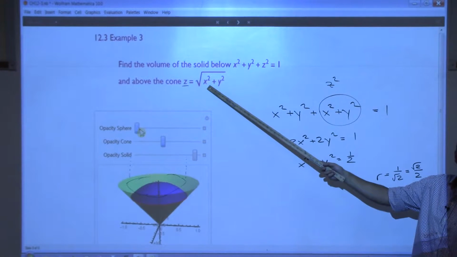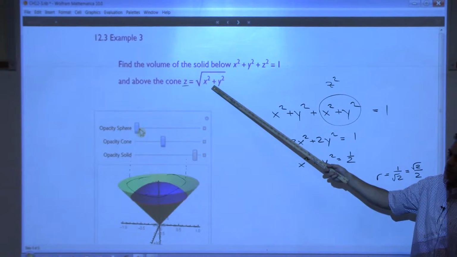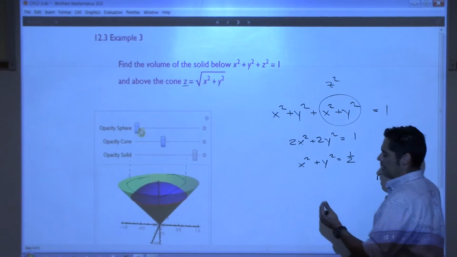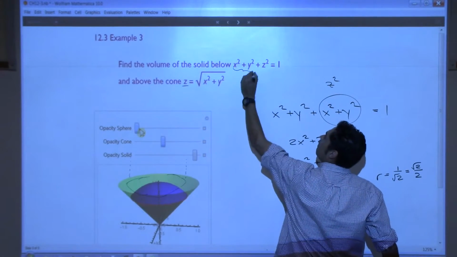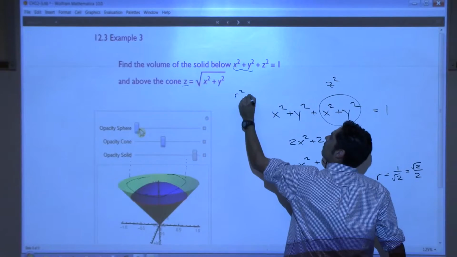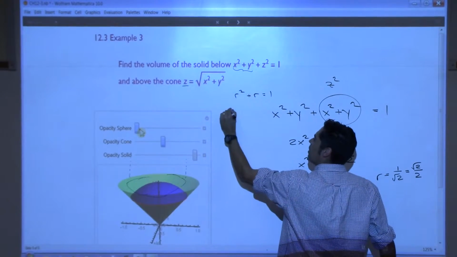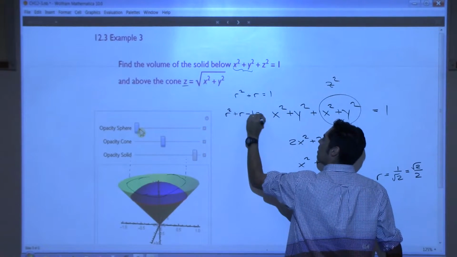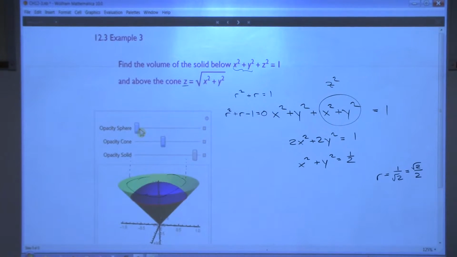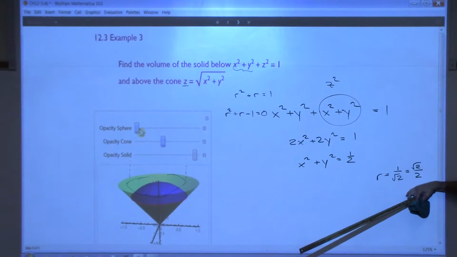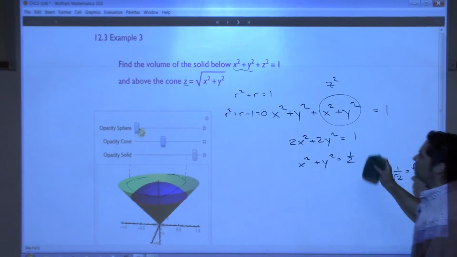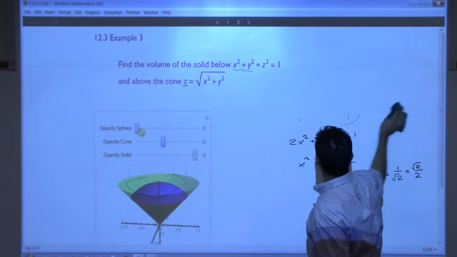R squared. And the square root of r squared would be r. So that first equation becomes what? R squared plus r equals 1. That's a quadratic equation. R squared plus r minus 1 equals 0. And then how would you figure out what r is there? How about the quadratic formula? One of your solutions would be this. But we didn't do that. All right, we good?